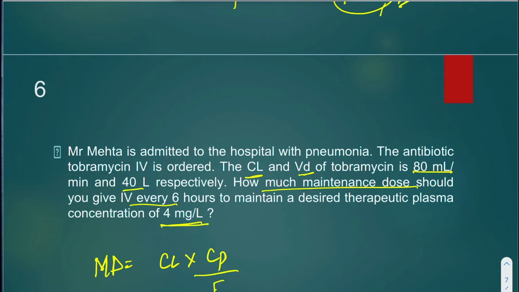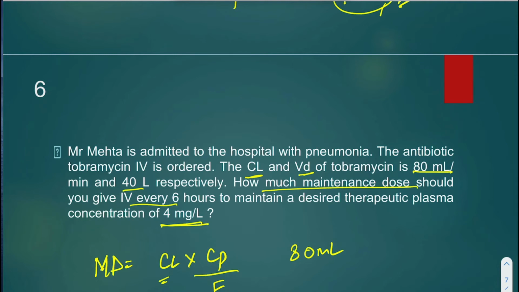So here clearance into plasma concentration divided by F. Again, because it's a drug which is given by IV route, F would be 1, so we don't require this. Now here what you see is clearance. Clearance is given in 80 ml. ठीक है, so 80 ml needs to be either converted into liters or the liter needs to be converted to ml.